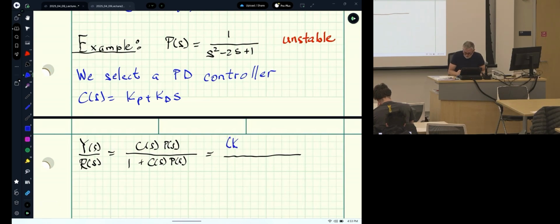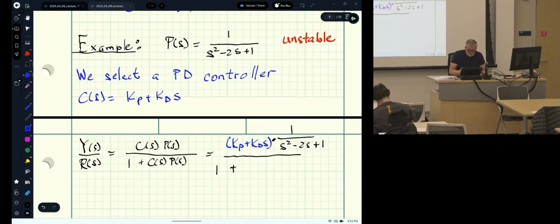Maybe I'll put the PD terms in a different color just to make them stand out. There's the controller. Here's the plant. Over 1 plus KP plus KD S, then times 1 over the plant.